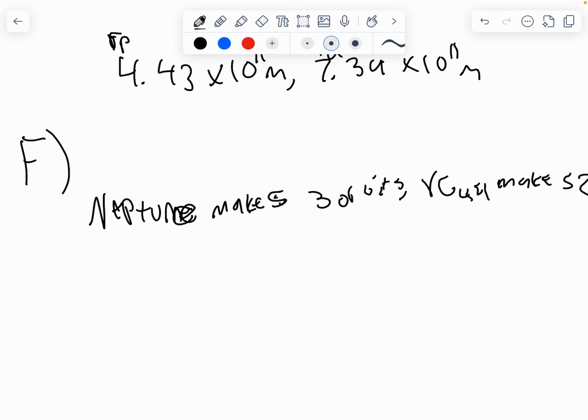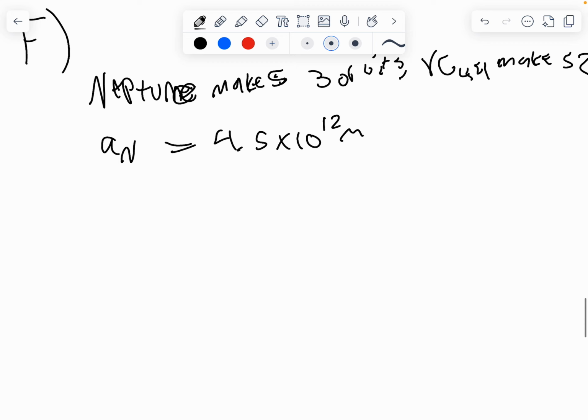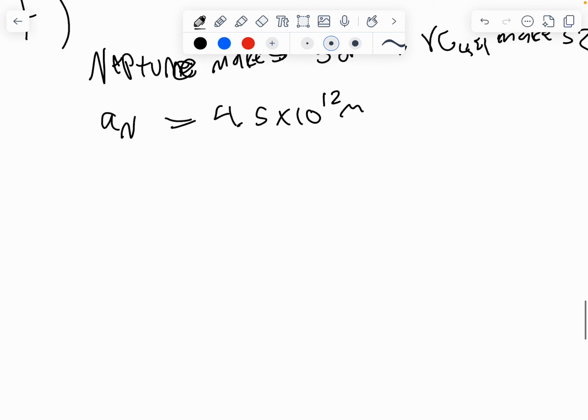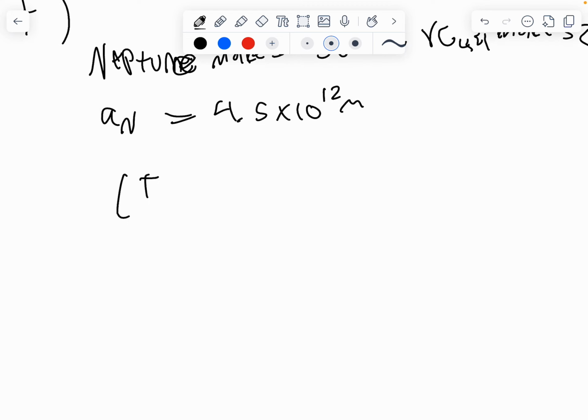And we also are given AN, which is 4.5 times 10 to the 12th power meters. So now we're going to use the resonance ratio, which is pretty much T_VG over T_N squared equals A_VG over A_N cubed.